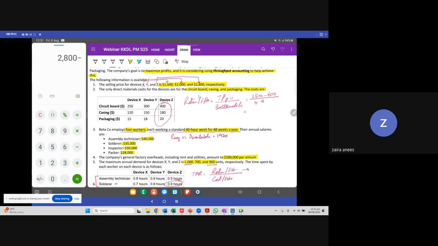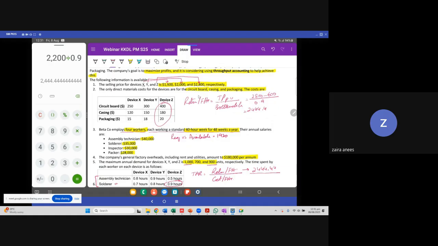So 2,800 minus 600 divided by 0.9. Right? So the return per factory hour is 2,444.44.